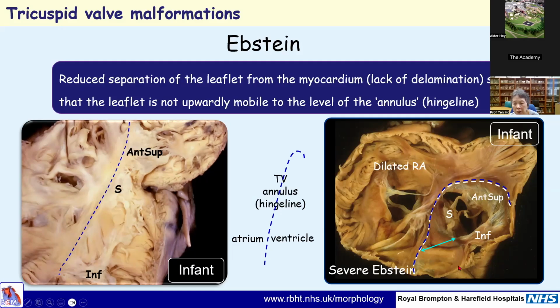This zone is described as atrialization of the right ventricle, but it's actually ventricular myocardium. It's just a lack of thickening of that wall. As I said, Epstein malformation has a huge range of variations, going from minimal to severe, as you see in these two specimens. And personally, I would say that no two Epstein tricuspid valves are the same.